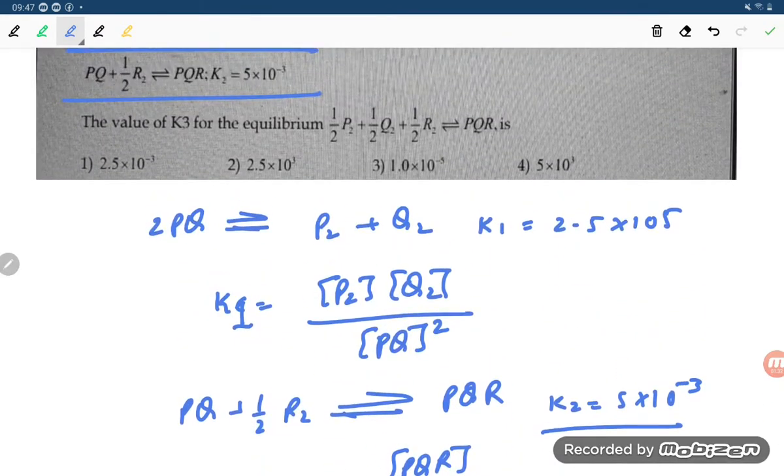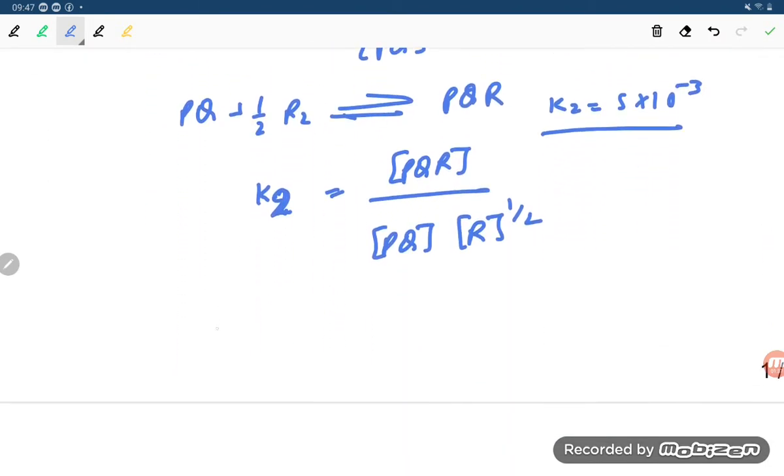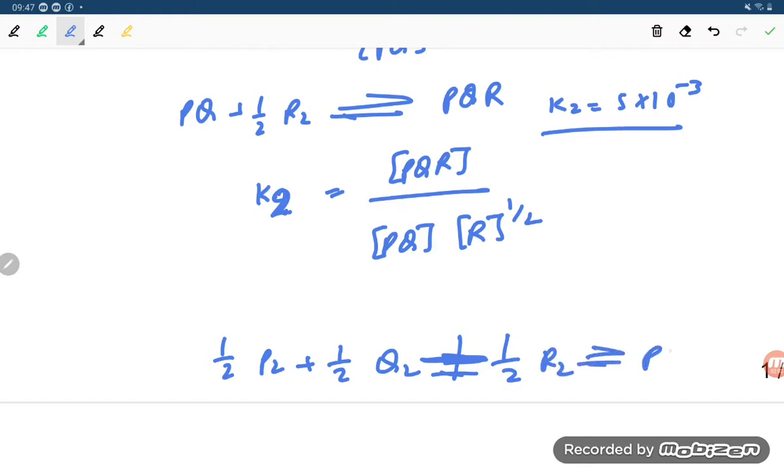Then lastly they are asking for the value of K3. The equation they have given is 1 by 2 P2 plus 1 by 2 Q2 plus 1 by 2 R2 giving PQR.